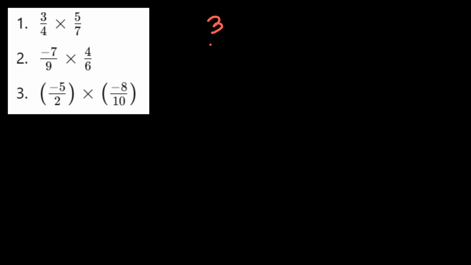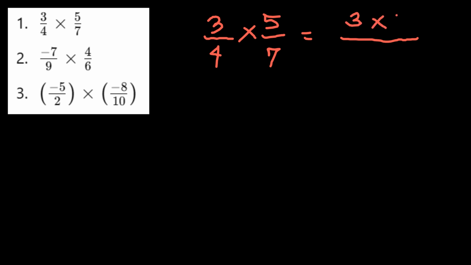We have 3/4 times 5/7. We're going to multiply our numerators, which are 3 and 5, the top numbers of the fractions together. So 3 times 5.